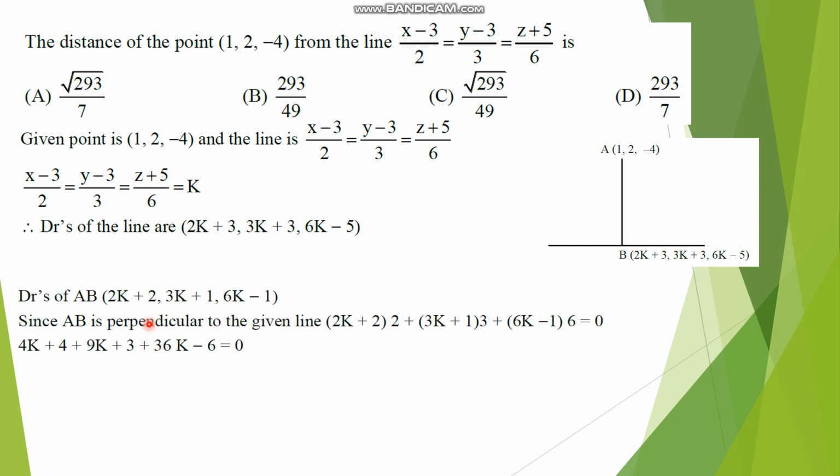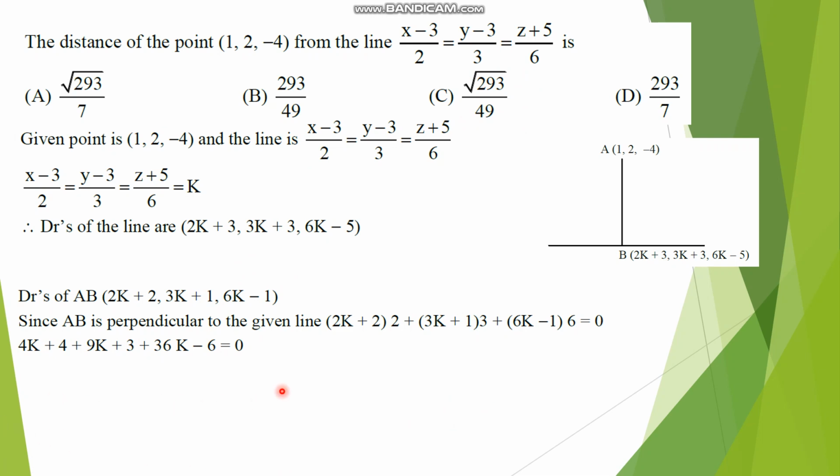Now, direction ratios of AB are 2k plus 3 minus 1, which is 2k plus 2, 3k plus 3 minus 2, that is 3k plus 1, and 6k minus 5 minus minus 4, that will be 6k minus 1. And AB is perpendicular to the given line. So when you check the condition, the dot product is 0: (2k plus 2) into 2, plus (3k plus 1) into 3, plus (6k minus 1) into 6 must be equal to 0.